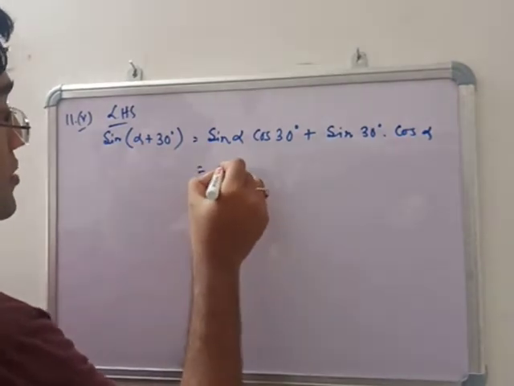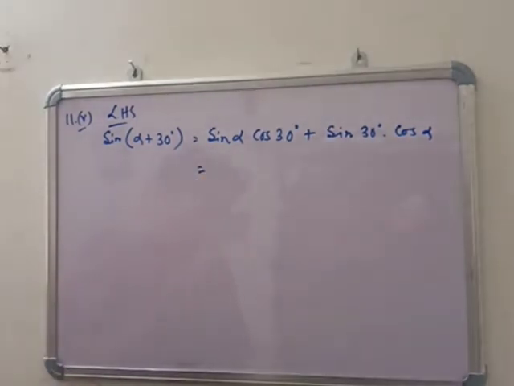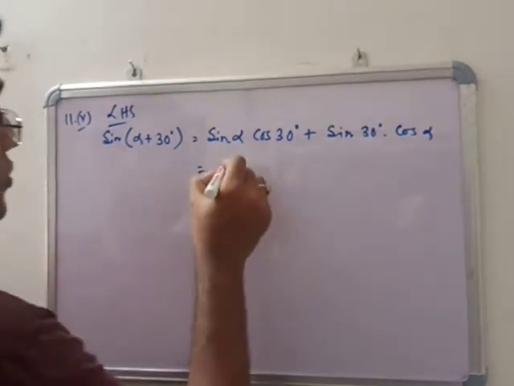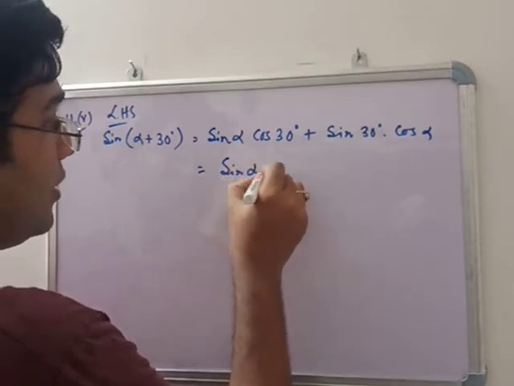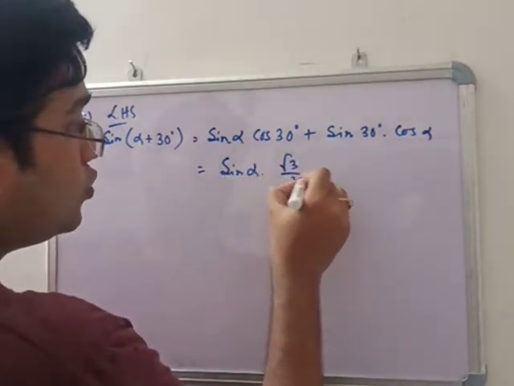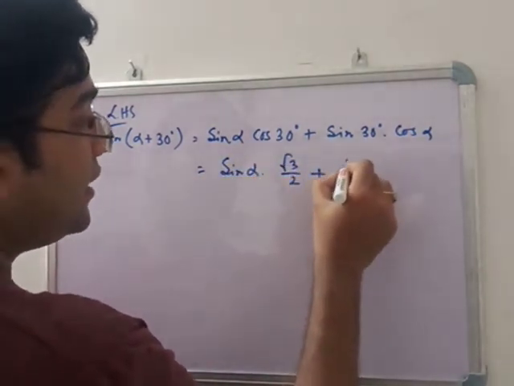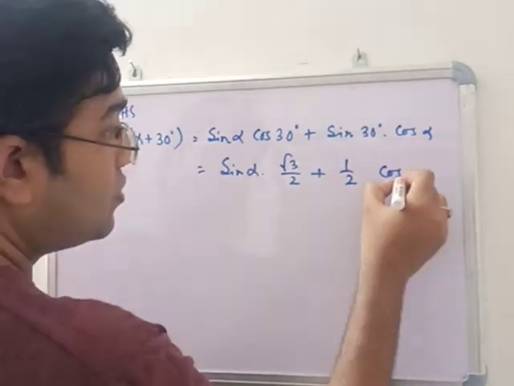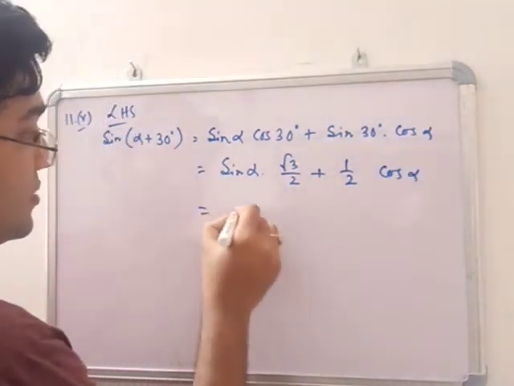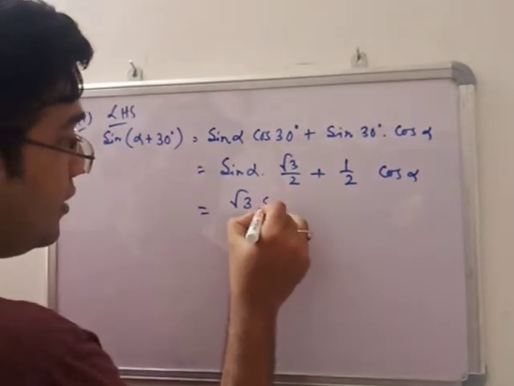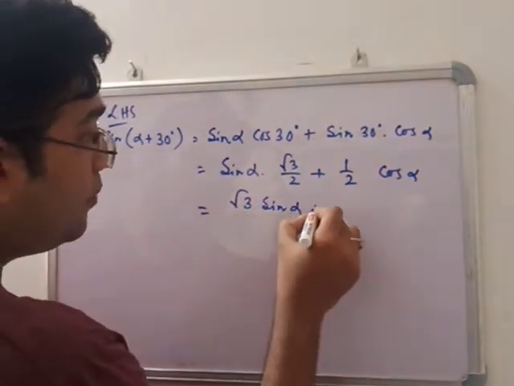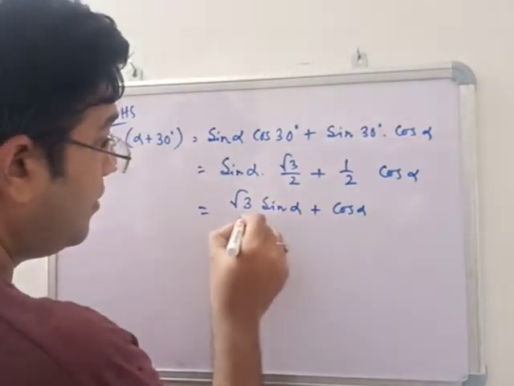So cos 30 value is root 3 by 2. So sine alpha into root 3 by 2 plus sine 30 means half into cos alpha. So that means root 3 sine alpha plus cos alpha by 2.